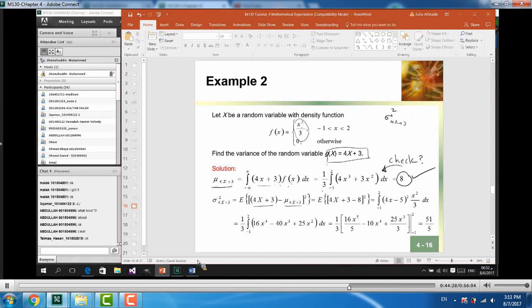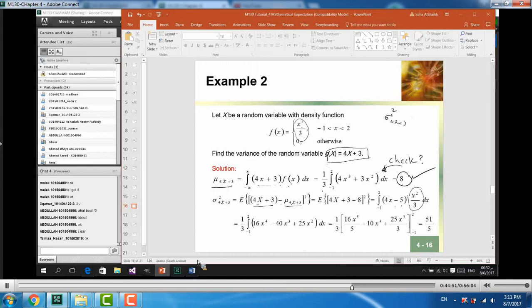The function minus mu, and mu is 8, so it will give me 4x minus 5 square here, multiplied with fx, which is x squared over 3. Multiply everything, get 1 over 3 as a common outside, get the integration. Now there is a 1 point here.